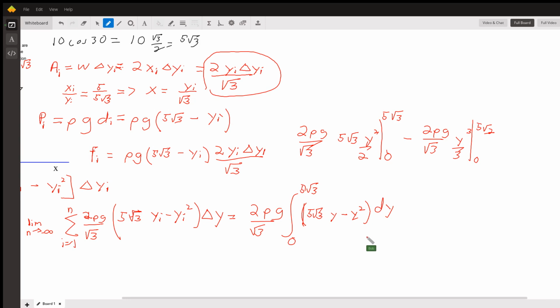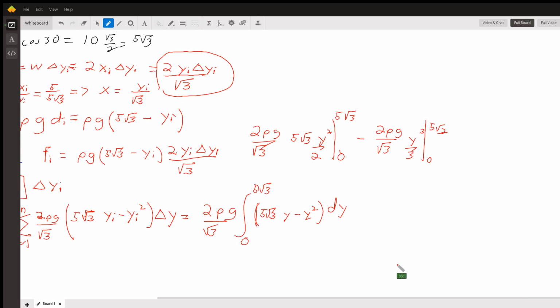So for the first term, we will have 2 rho g over root 3 times 5 root 3 divided by 2, and then y squared evaluated at 5 root 3 will be 5 squared, which is 25, times root 3 squared, which is simply 3.